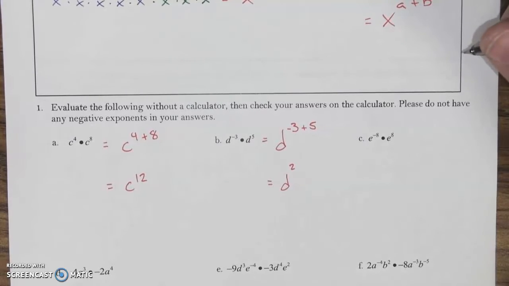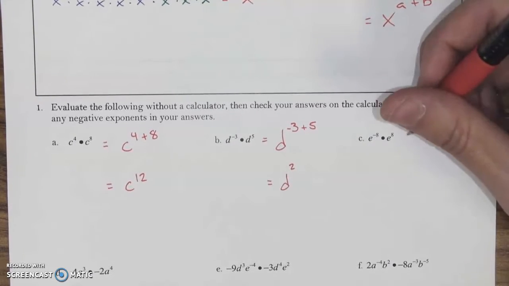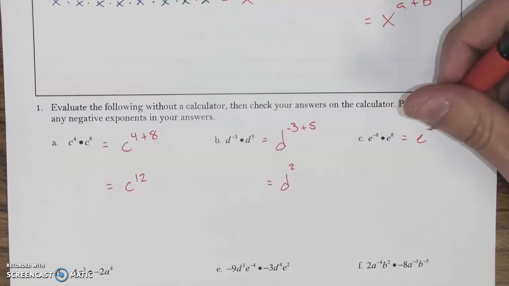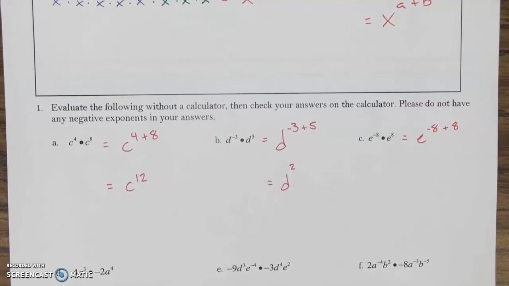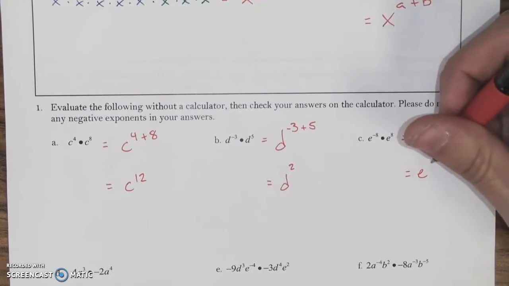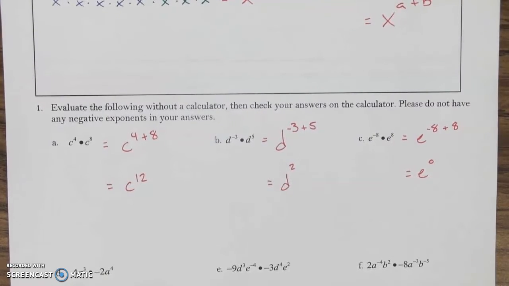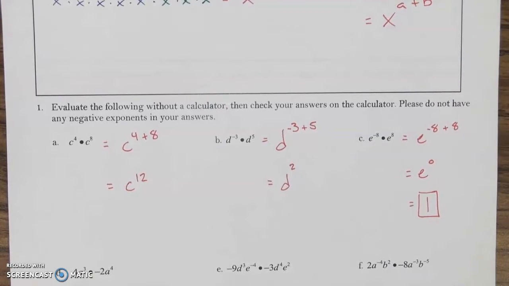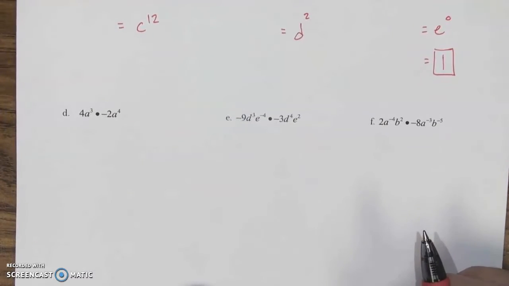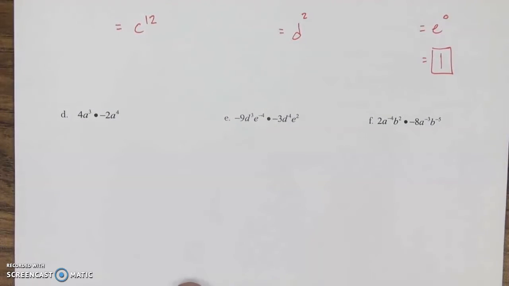Next, we have e to the negative 8 times e to the positive 8. We can rewrite that as e to the negative 8 plus positive 8. E to the negative 8 plus positive 8 gives us e to the 0. And what we know from our previous objective, anything to the 0 power is 1. Looking here, we have 4a cubed times negative 2a to the 4th.